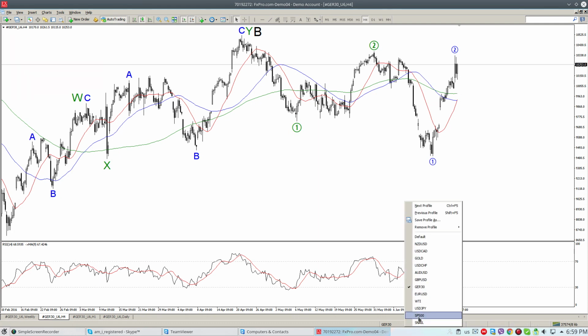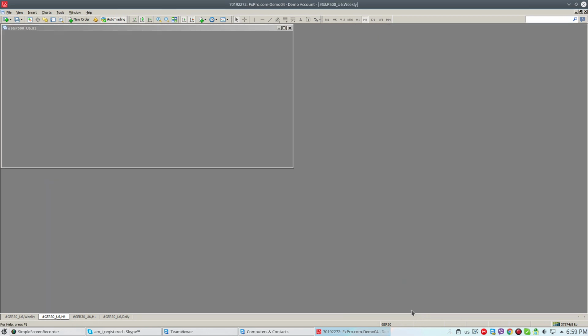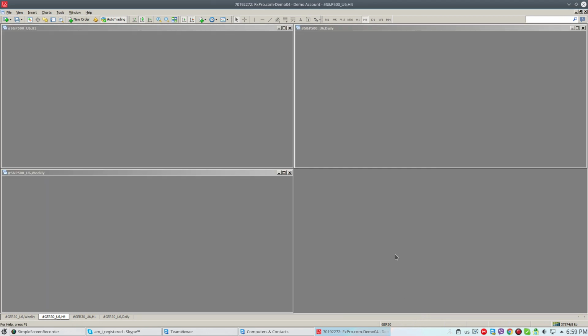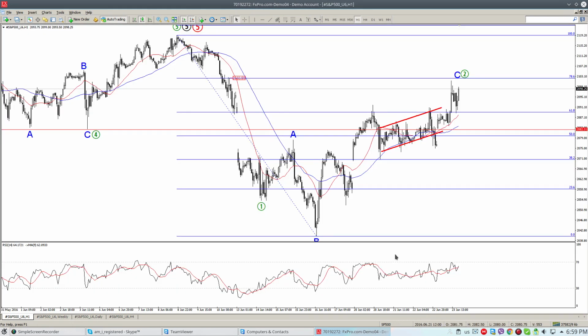Looking at the S&P 500, the picture is a bit different. We don't have such a strong rally. We just have a bounce after a choppy price action here, and that rebound was also limited by the 78.6% Fibonacci retracement of this decline.